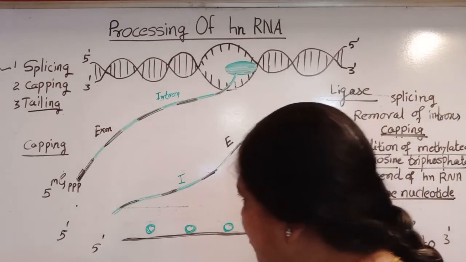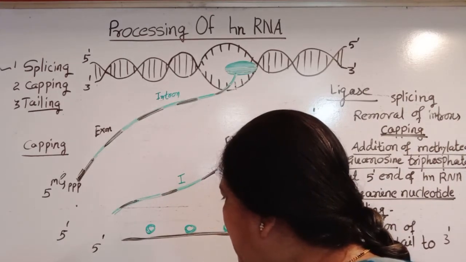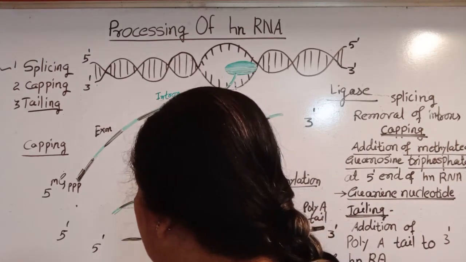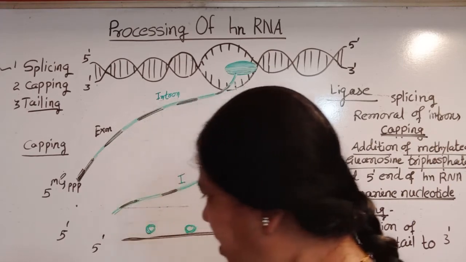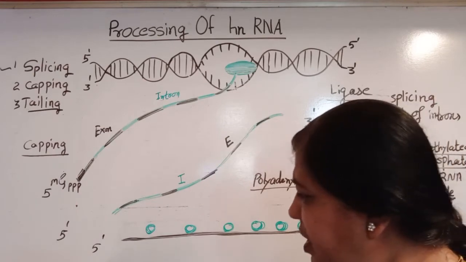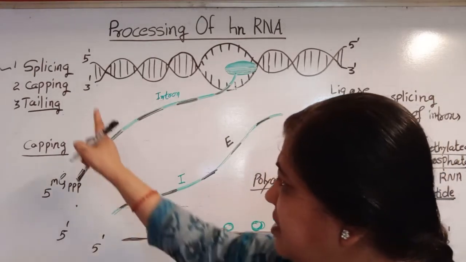And here there is methylated guanosine triphosphate at the 5' end. So addition of methylated guanosine triphosphate to the 5 prime end is called capping.